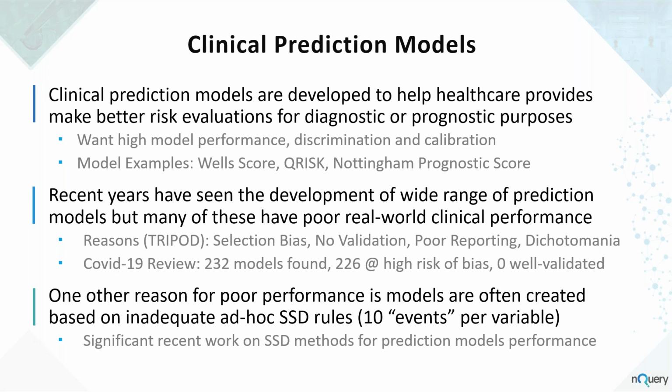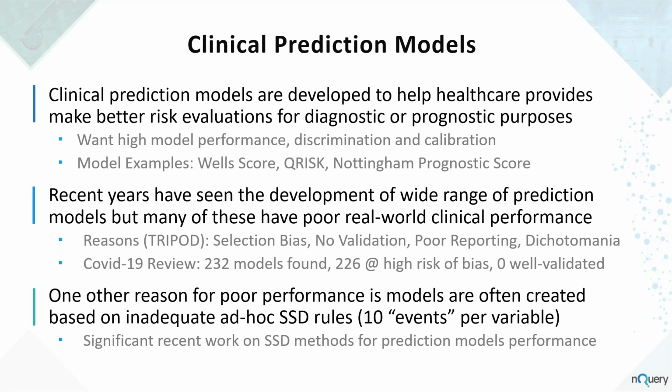We can still get reasonable ideas of how likely we are to reach a minimum level of these success criteria using simulation and sample size calculations, rather than what's used right now, which is ad hoc rules like 10 events per variable.